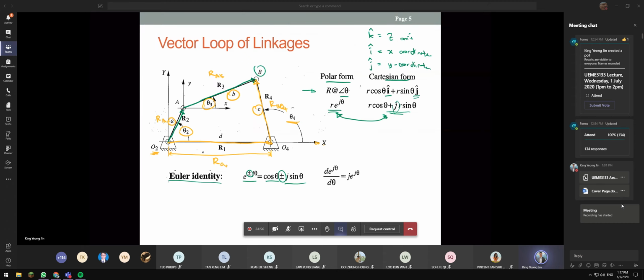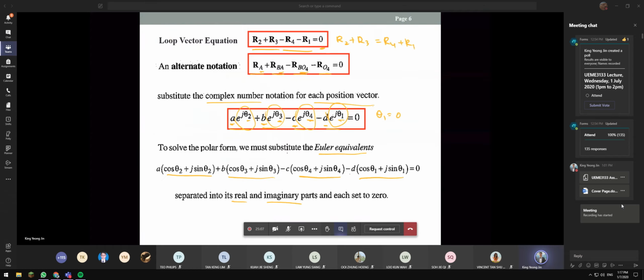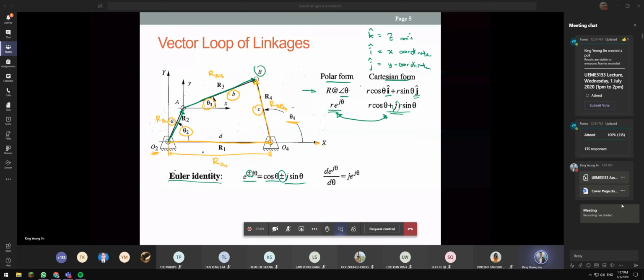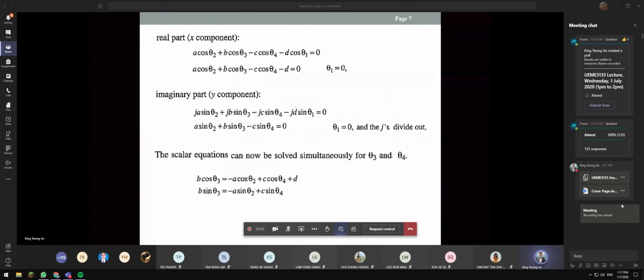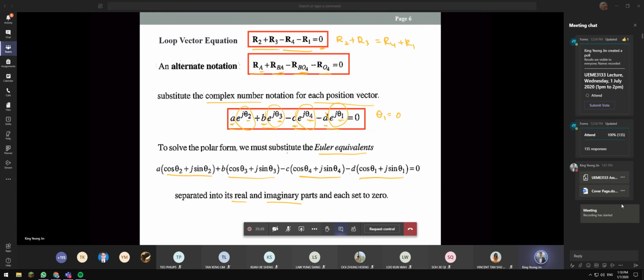We can calculate the position as long as we are given the basic information for the questions. For example, if we are given 3 links, we can easily find the position of the 4th link. So this is the real part, and we just break down from these equations.